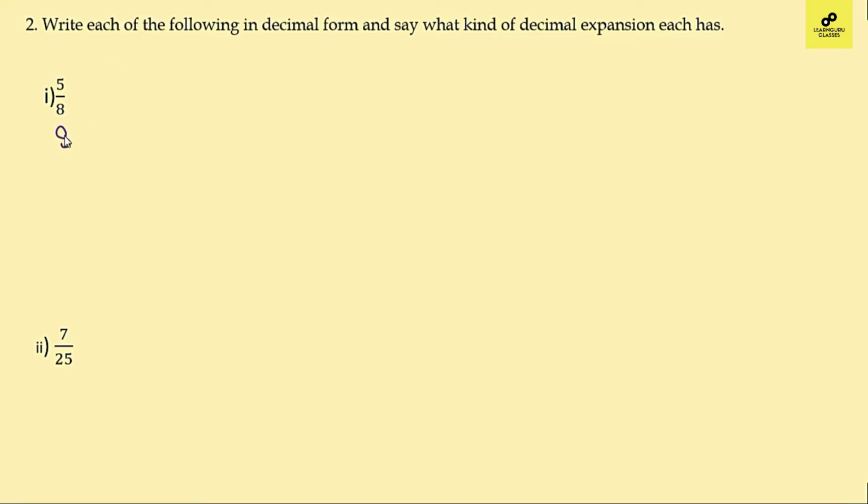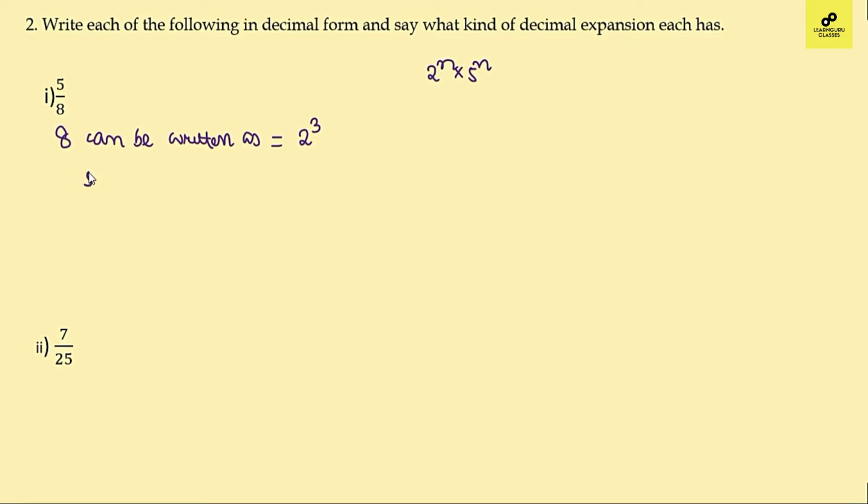Let's first of all identify whether it will give a terminating or a non-terminating decimal expansion. The factors of 8 are written as 2 to the power of 3. So 2 to the power of 3 means it is giving the form of 2 to the power of m into 5 to the power of n, which is the condition of terminating decimal expansion.